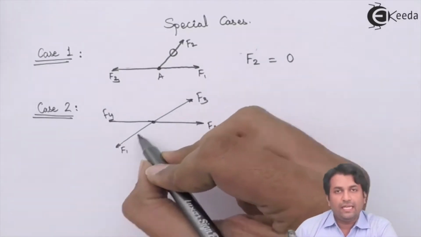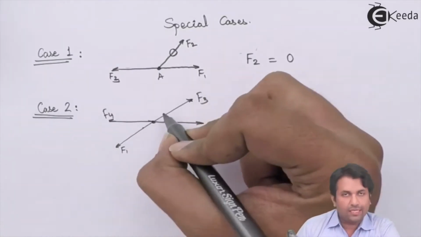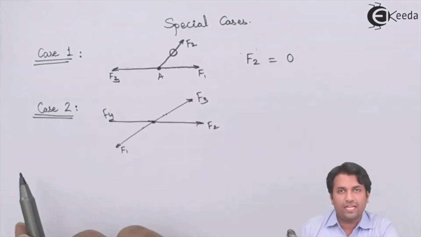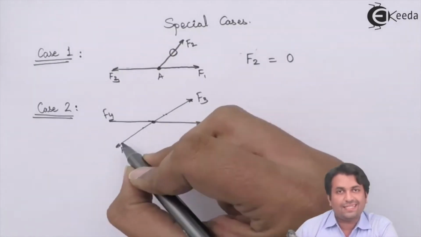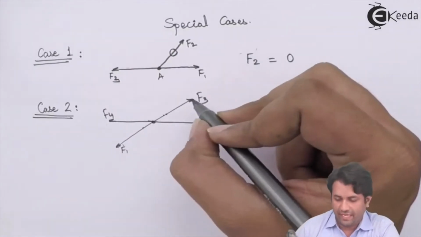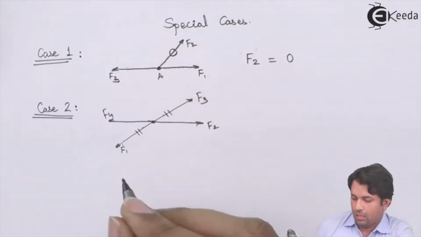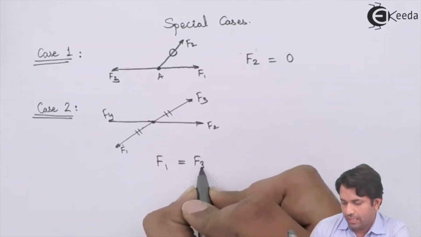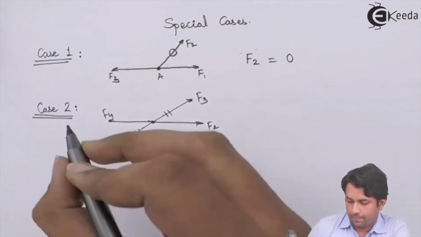They are collinear. So the angle between these two forces is 180 degrees. Similarly, the angle between force F2 and F4 is 180 degrees. Now what happens in this case? The force in F1 is same as the force in F3. So I will just denote it like this: F1 is equal to F3. Similarly, the force in members F2 and F4 will be the same.